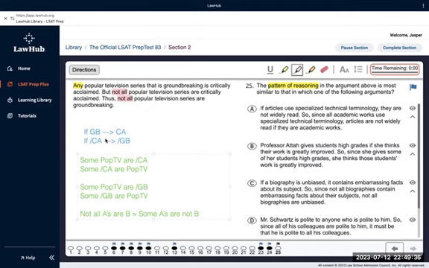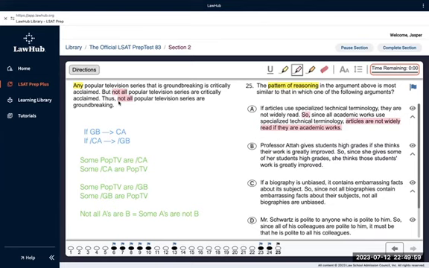Okay, so first thing I would just look for conclusions that are quantitative. Okay. And so if they're conditional, I would eliminate. So here we have so, since, blah, blah, blah. Articles are not widely read if they are academic works. I would eliminate this one. It's got the word if, it's conditional.